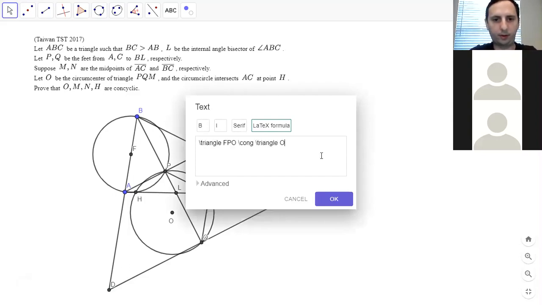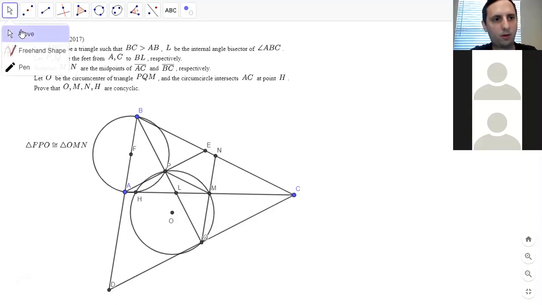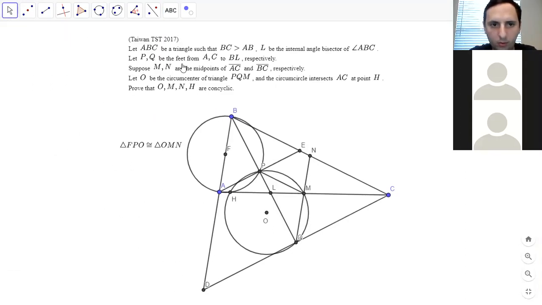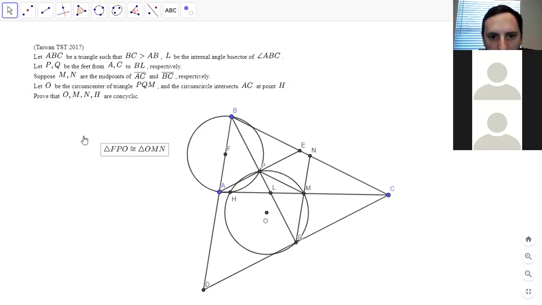All right, I'm just going to write that down before I forget it. So, let me start from the beginning. Basically we know MNFH is cyclic, and then we want to show O lies on that.